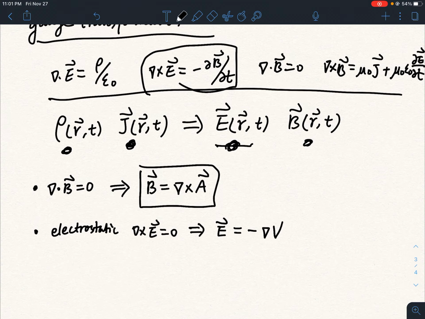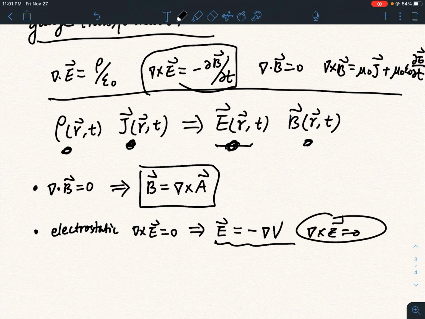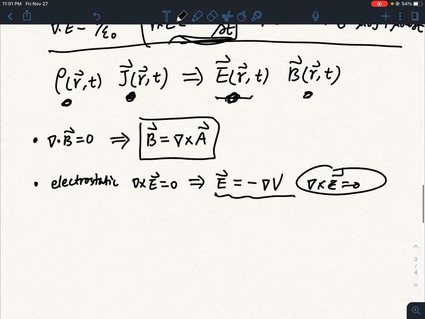It equals minus partial B over partial t. That means we cannot define E this way, because then del cross E would be 0, which is certainly not the case.